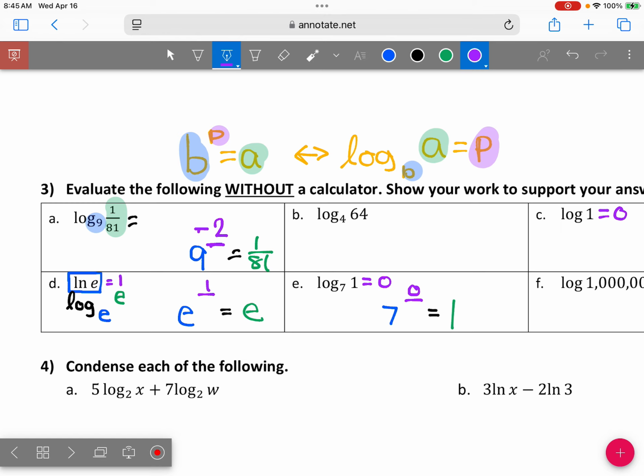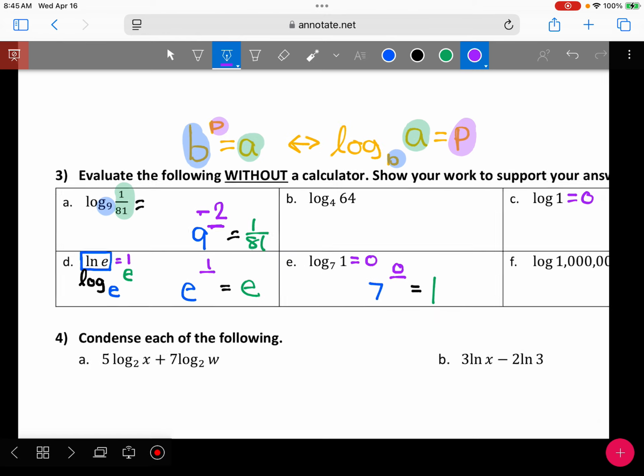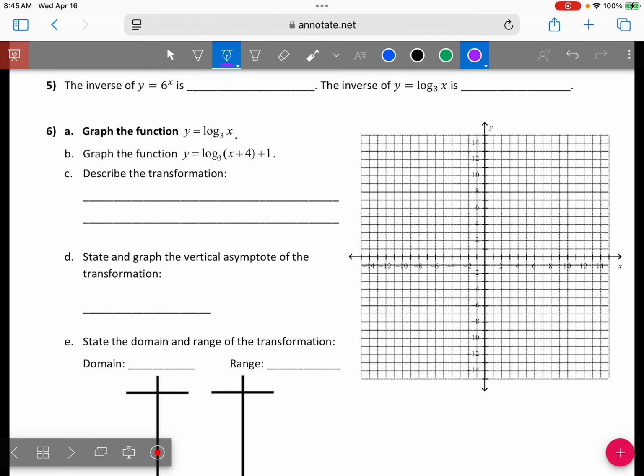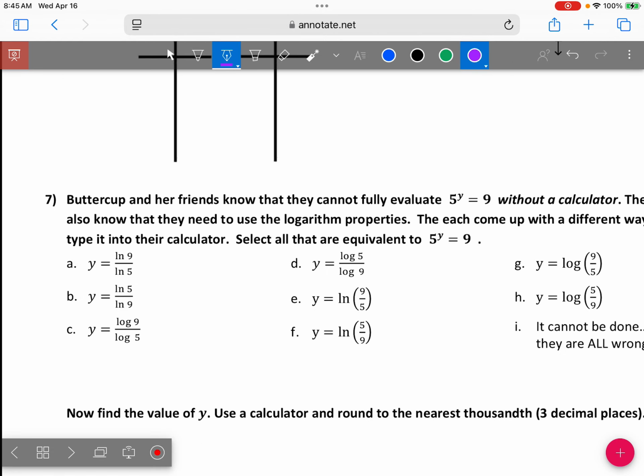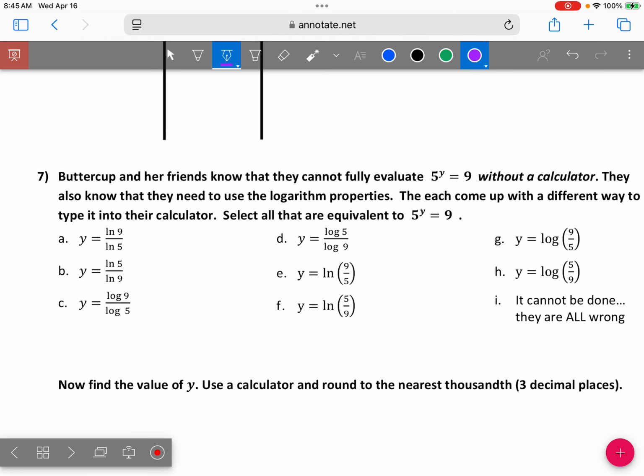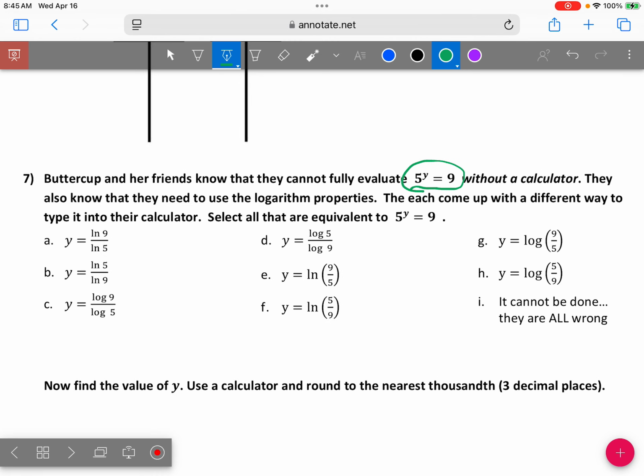7. Let's look at 7. So this one's very much change of base. We've looked at a couple like this already. So we have 5 to the y equals 9, and they're trying to solve this.